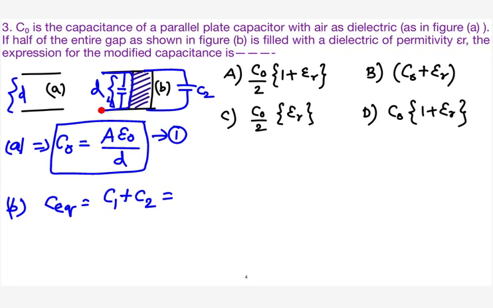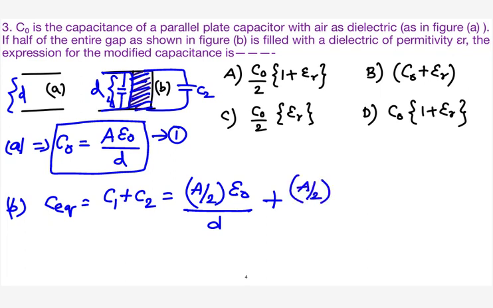The value of C1: the area is A by 2, and C1 is in free space, so epsilon will be epsilon naught, divided by d. Plus, what is the value of capacitance in the dielectric medium? That also has area A by 2 into permittivity epsilon naught into epsilon R, divided by d.